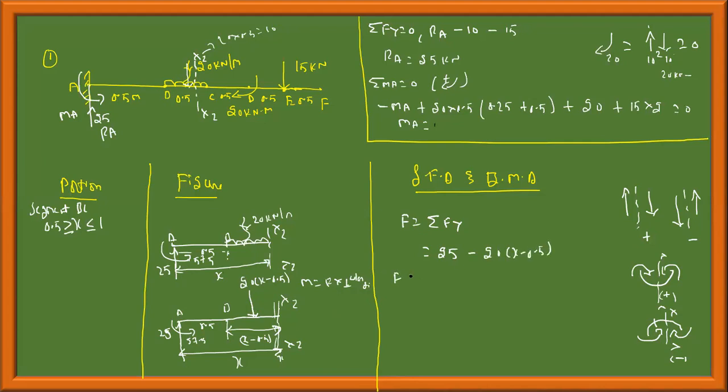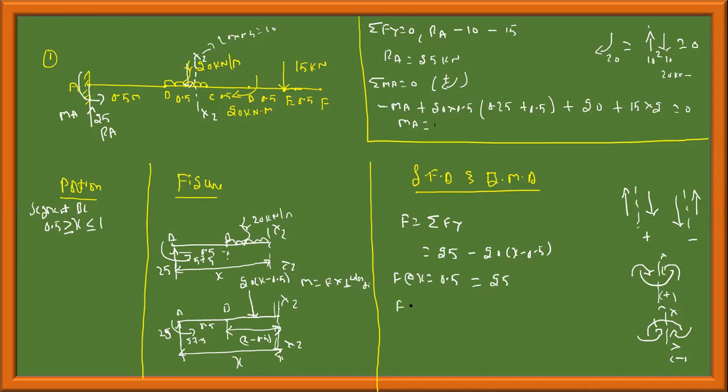F at x is equal to 25 minus 20 into x minus 0.5. When there is a UDL, the shear force has linear terms. If there is a linearly variable load, then quadratic terms come into the picture. F at x equal to 0.5 is 25.